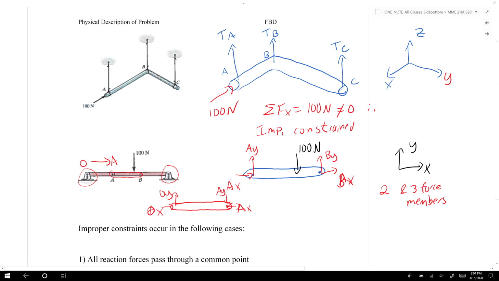But what you'll notice is that there's only two forces acting on this system. For two forces, we know that the forces have to be equal in magnitude, opposite in direction, and they must go through the points where the force is being applied.